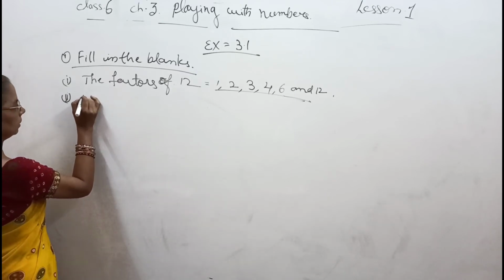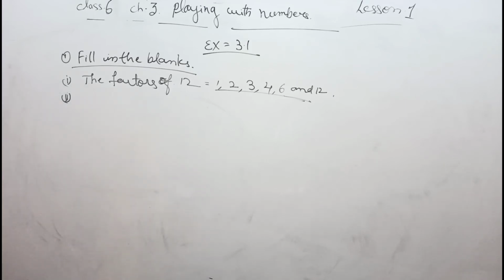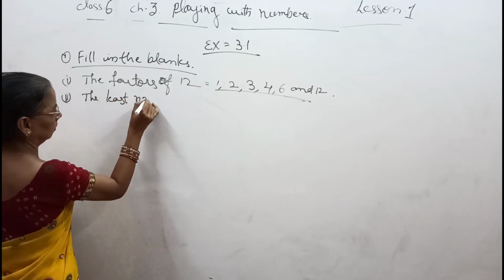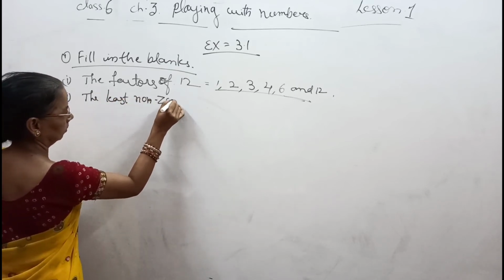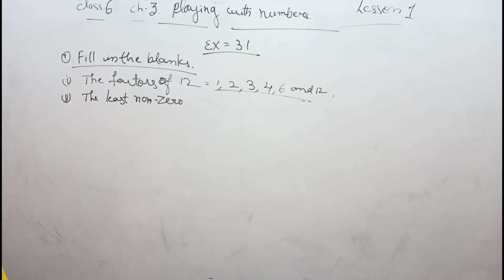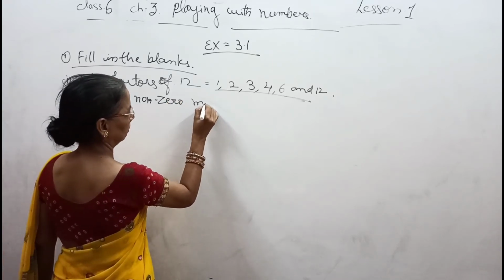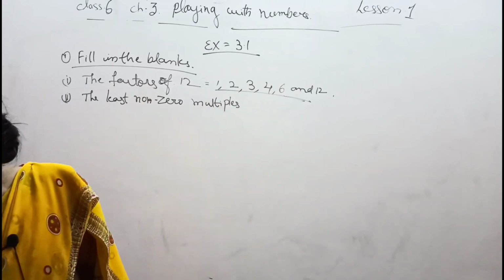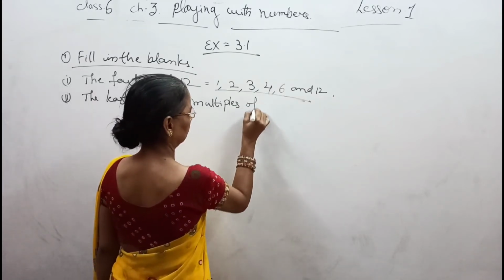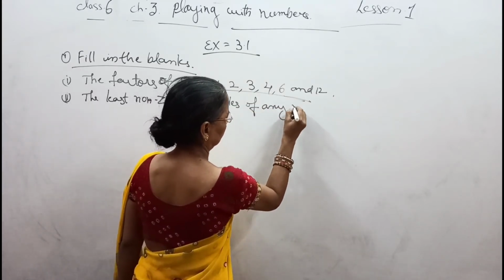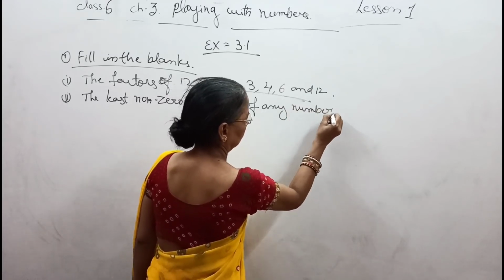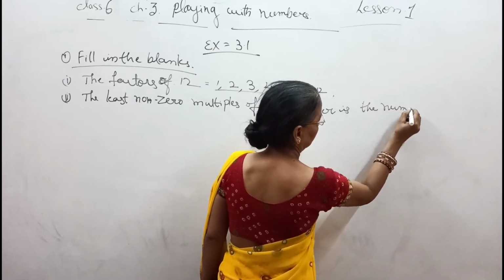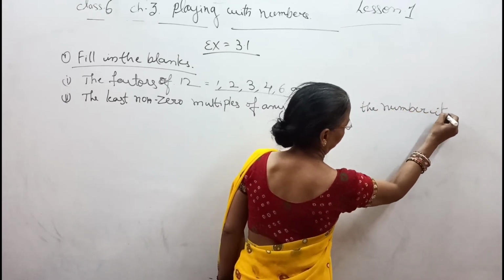The answer is: the least non-zero multiple of any number is the number itself.